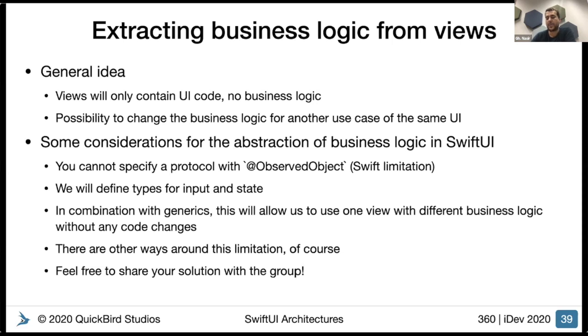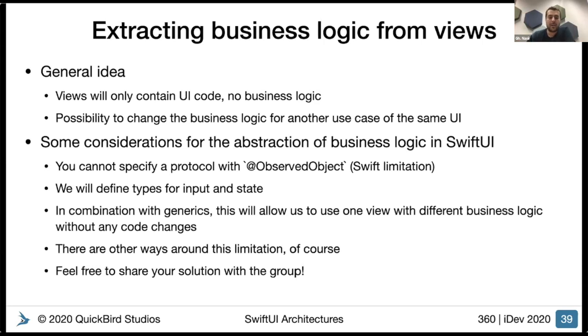You're always bound to a specific class, because the generic attribute of the ObservedObject property wrapper is constrained to some other protocol. That's why you cannot really specify a protocol there. Just keep that in mind for now. Otherwise, we would have preferred to just use a protocol for a view model or some kind of a store in a Redux-like architecture.